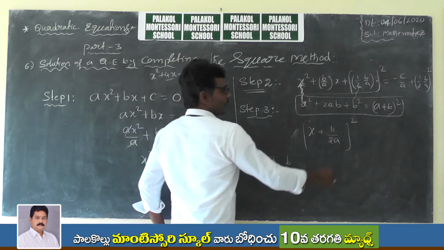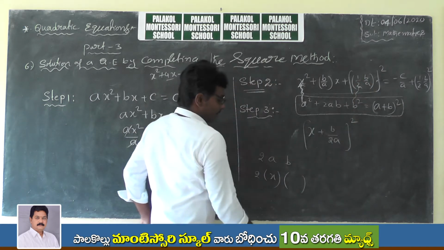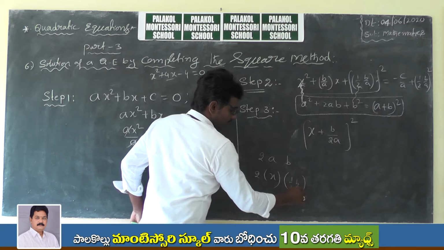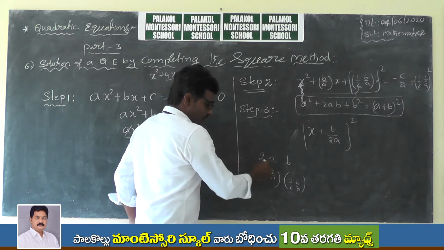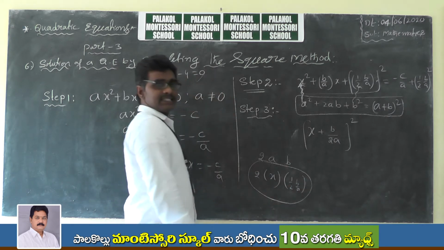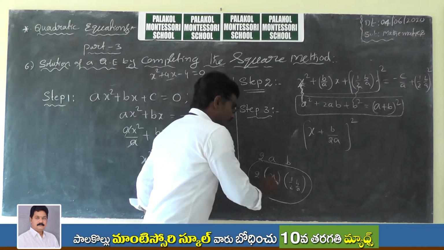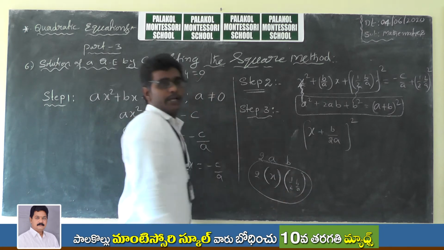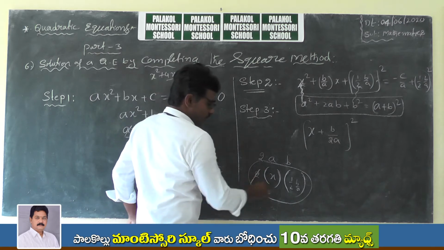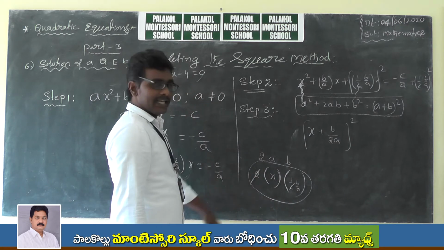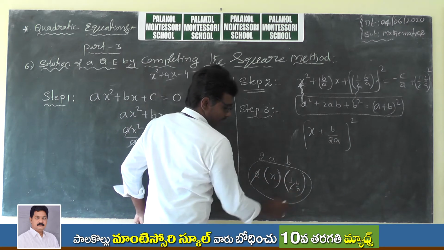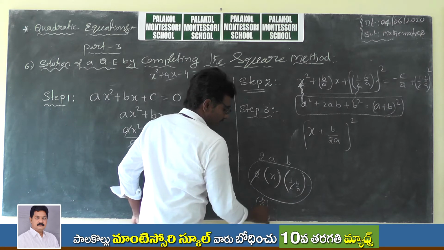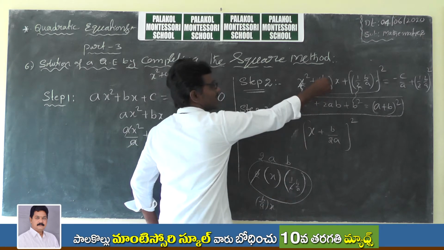As for b, what you take is b by a. Guys, this is a single term, and in this single term only one operation is there, so this one is cancelled. What remains here? 1 into b by a of x. You get the middle term of step 2.